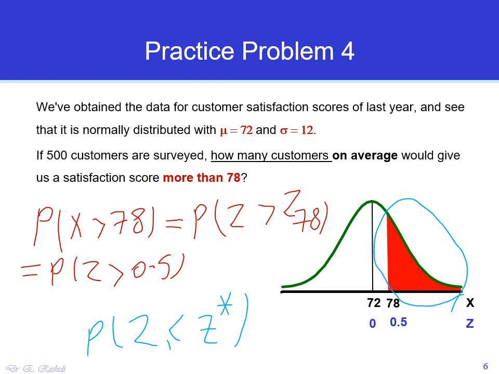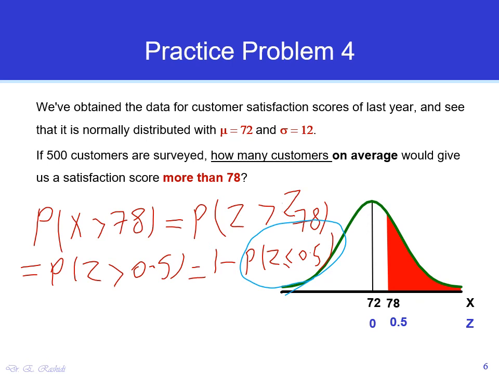But here we are looking for the probability that Z is greater than 0.5. So what we can do is take the complement, 1 minus the probability that Z is less than 0.5. This part is actually doable using the Z distribution table.